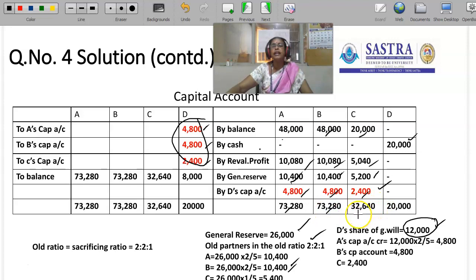The balance of capital is 73,280, 73,280, 32,640 and 20,000 minus 12,000 is 8,000. This is the effective capital. After the deduction of the amount he failed to bring, the capital balance remaining is 8,000 rupees. This is the way to prepare the capital account.